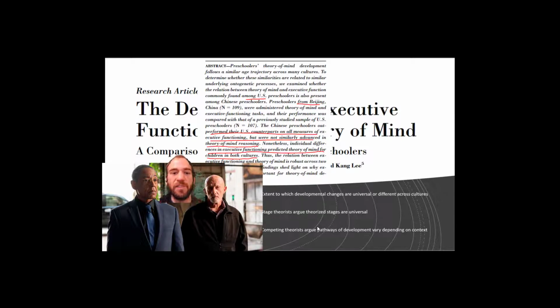Broadly speaking, I'm just trying to keep this as simple as possible. So there's this universal stage, right? But they're finding that Chinese preschoolers perform better on executive function tasks. So that shows even within this universal process, as proposed by these authors, those processes are still influenced by culture, aka whatever's going on in China, which is detailed in the article, in this particular preschool that allows them to outperform American preschoolers on this executive function task.